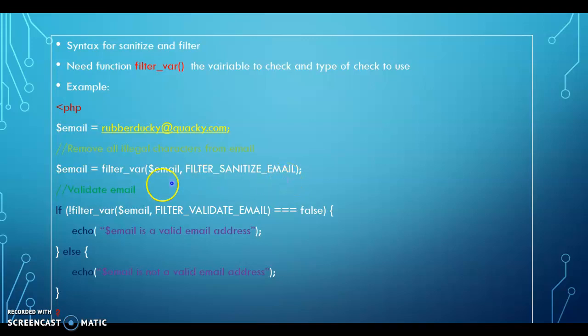Then it's going to validate that email, and we need to have an if statement, and we're going to say, if this email comes out of the validation and is false, it's a valid email. Or else the email is not valid.